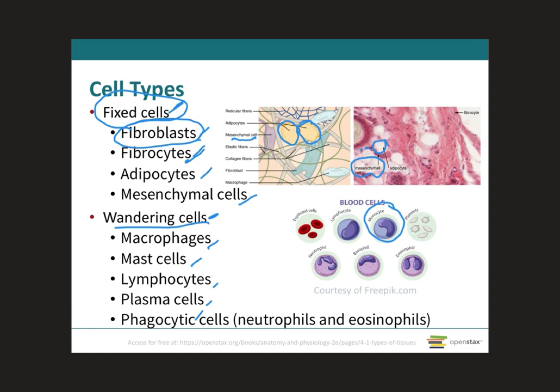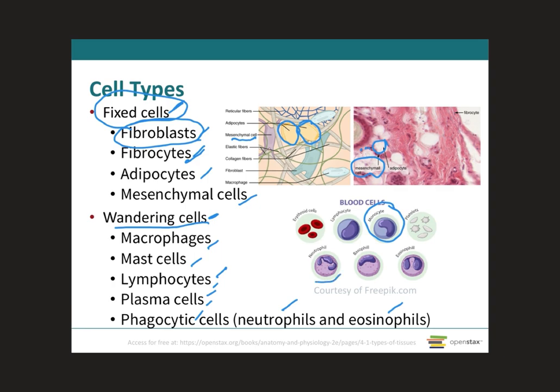Like blood cells, mast cells are derived from hematopoietic stem cells, and they're also part of the immune system. The other cells, lymphocytes, plasma cells, neutrophils, and eosinophils, are all part of the immune system. Plasma cells give rise to antibodies. Neutrophils are white blood cells that migrate to the sites of infection.